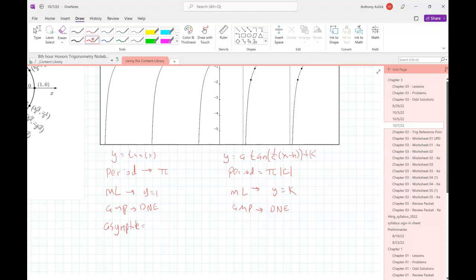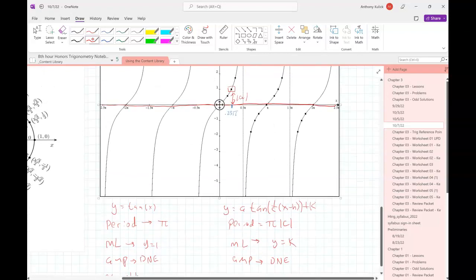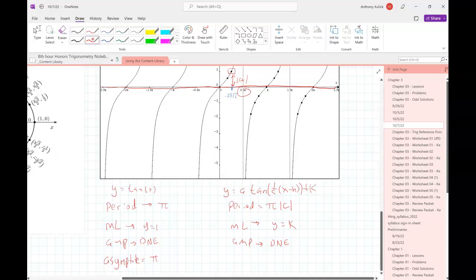So what I'm going to do is describe the location of one of these asymptotes, say maybe this one at pi over 2. And then every pi, oops, that's supposed to be a 2 down there. Every multiple of pi after that is going to be another asymptote, right?